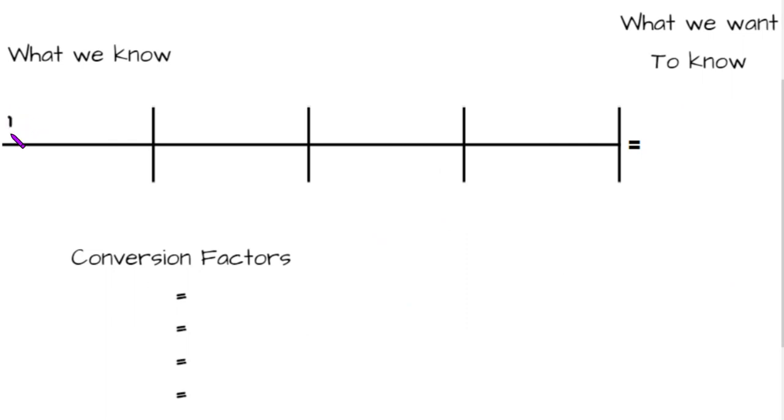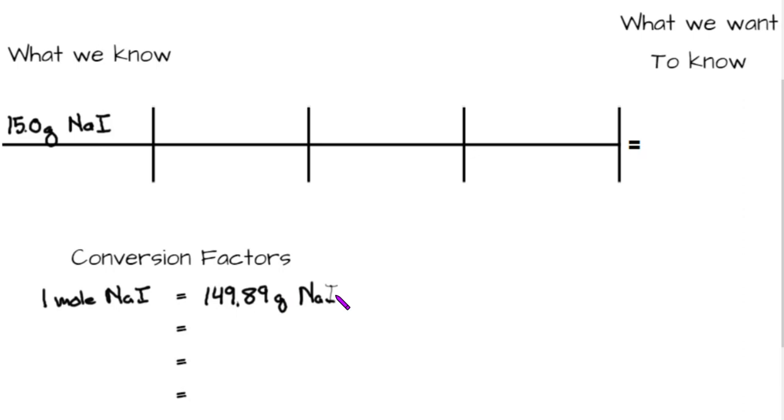I also have 15.0 grams of sodium iodate. So, 1 mole of sodium iodate has a mass of 149.89 grams of sodium iodate.